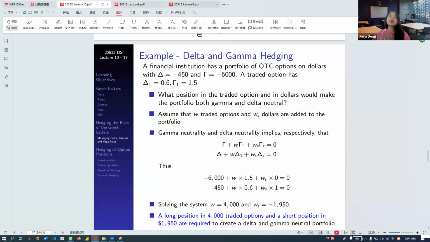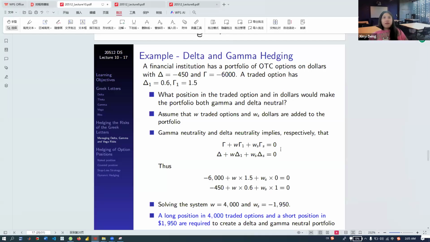We know that the financial institution has a portfolio of OTC options on dollars with delta equal to minus 450, and also gamma equal to minus 6,000. Also, a traded option has delta 1 equal to 0.6 and gamma 1 equal to 1.5.